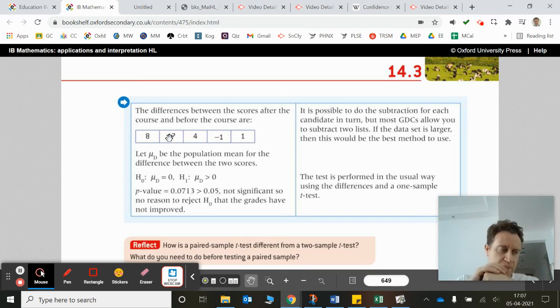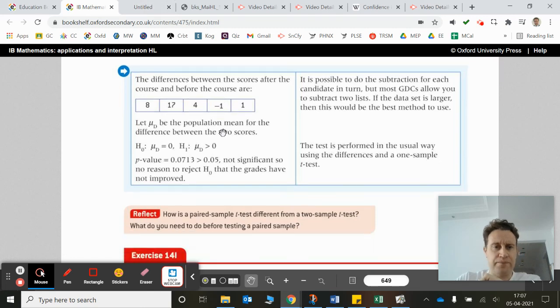So to a 95% significance, to a 5% significance level, this is not significant. Obviously, to an 8% significance level, it is significant, but that's not how the test was designed in the first place. Okay, well, that's that.